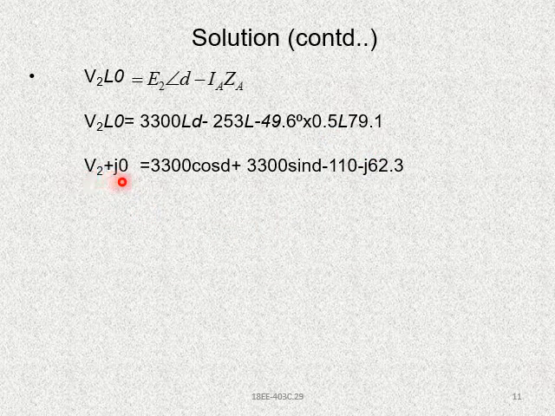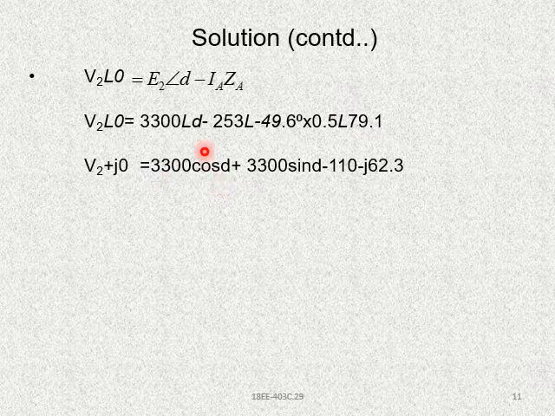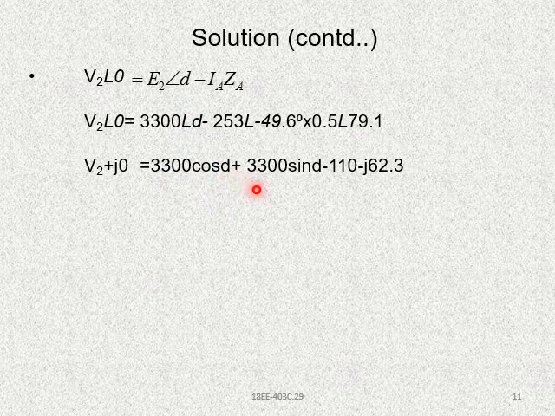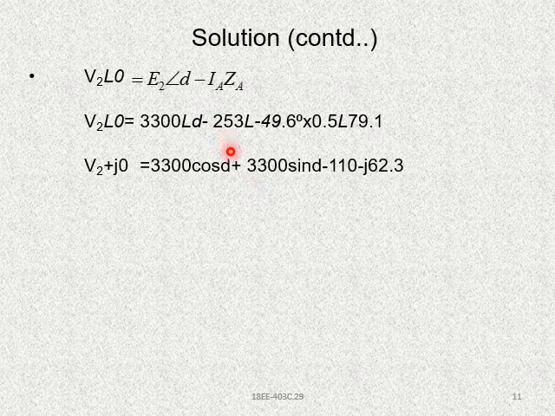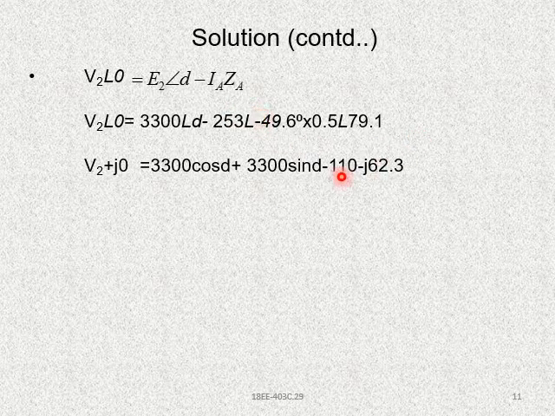Now V2 plus j0, if we write it as 3300 cos D, let us assume the angle be D, plus j 3300 sin D, minus, if we just multiply both these things, we'll get 110 minus j 62.3.